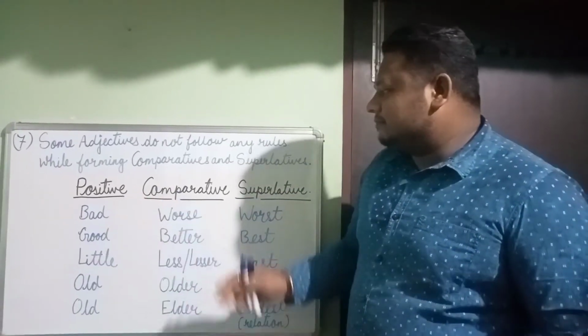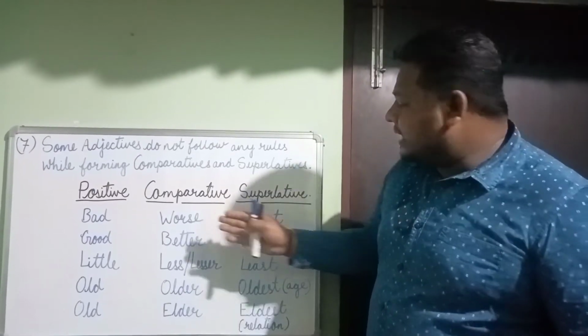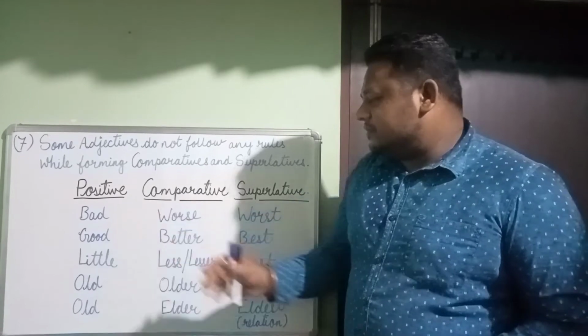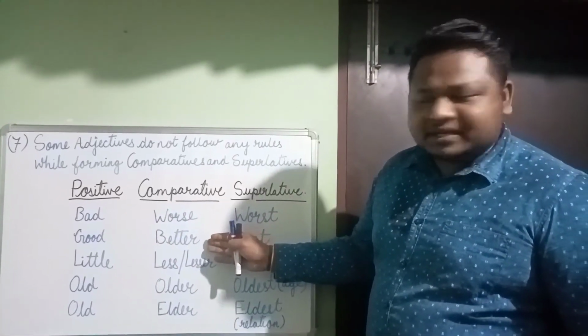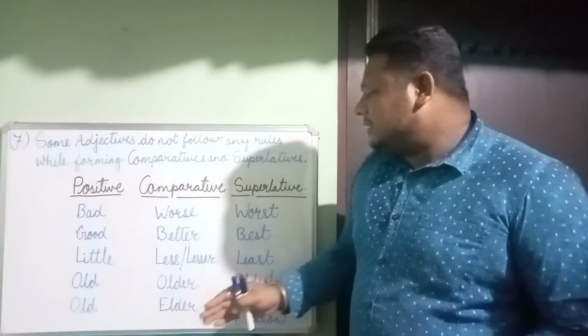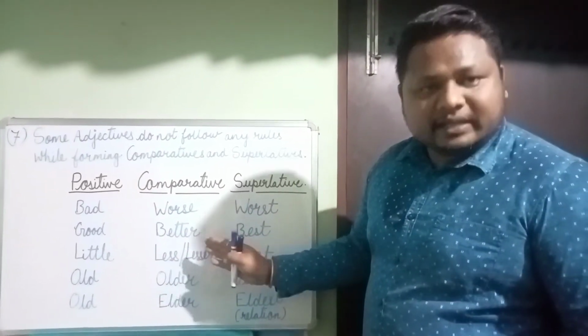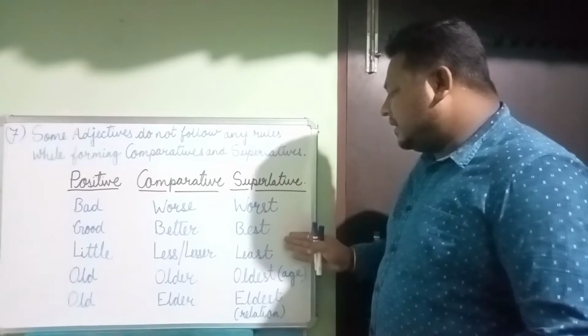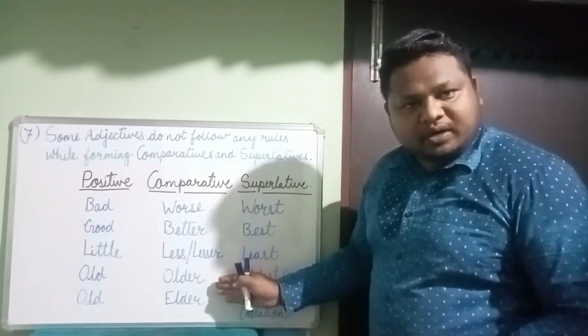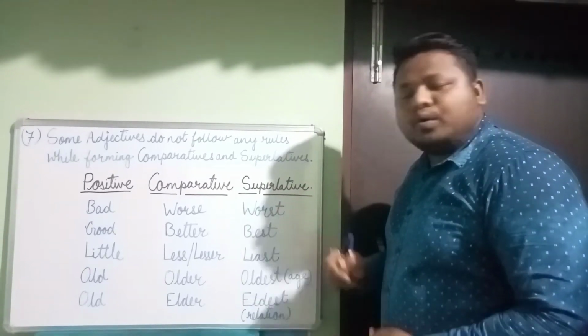Bad, comparative is worse and superlative is worst. Good, comparative is better, superlative best. Little, less or lesser, and superlative least. Old, comparative older, and superlative oldest.